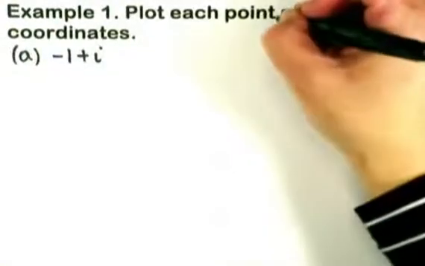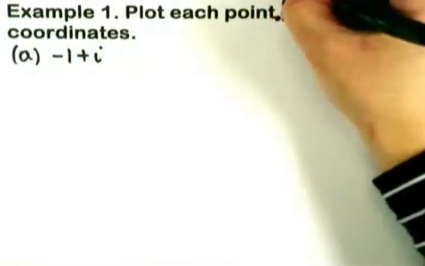Let's do example 1. Plot each point given in polar coordinates, -1 plus i. I think the question is not stated properly. Plot each number, this number is not in polar coordinates, and then write it in polar coordinates. Plot each point and write it in polar coordinates.